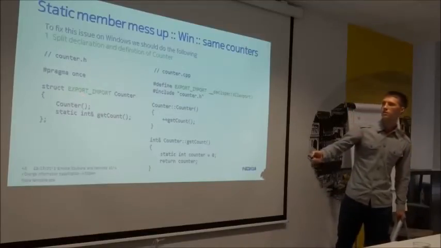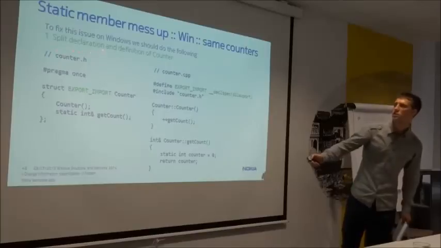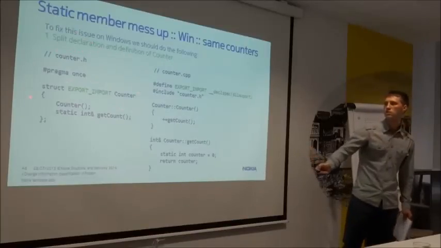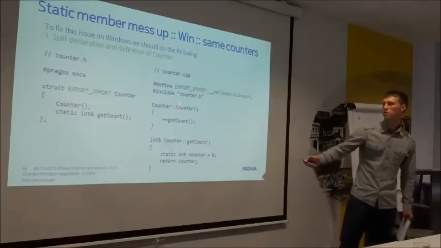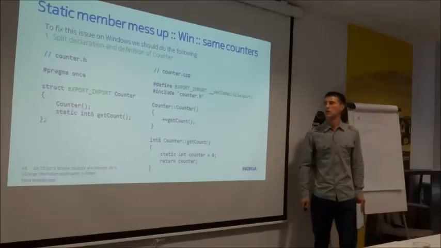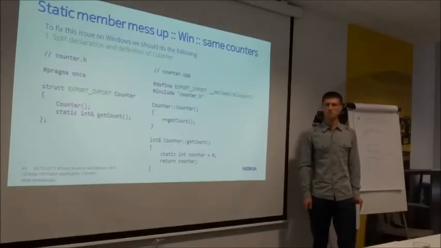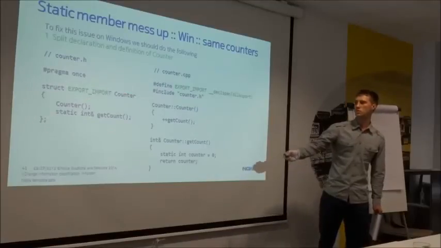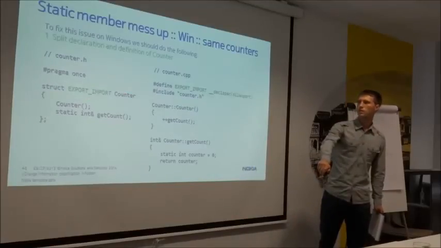With this approach we are splitting the declaration and definition of the counter. Here is the declaration, here is the definition. We split it in order to hide this counter from the executable, right? We are exporting this structure and all its symbols. So this is the first step.